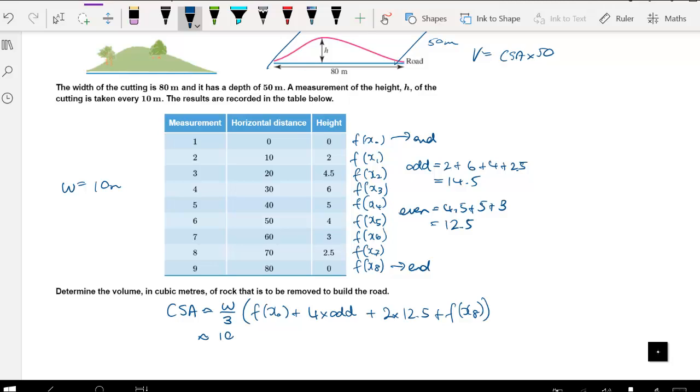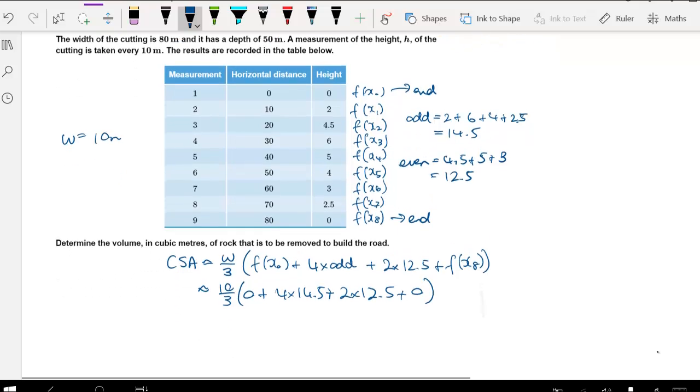So we have 10 on 3, we have 0 plus 4 times 14.5 plus 2 times 12.5 plus our endpoint, where the height is also 0. And so that means our cross-sectional area works out to be approximately 830 on 3 units squared.